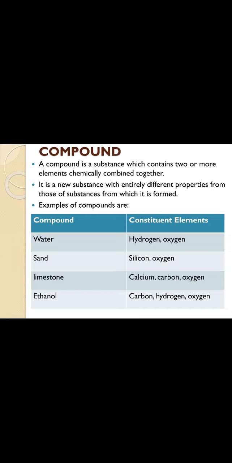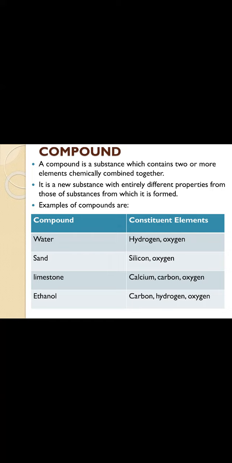There must be a process of chemical bonding before a substance can be referred to as a compound. In most cases, the properties of the constituents of the compound differ from the compound itself.